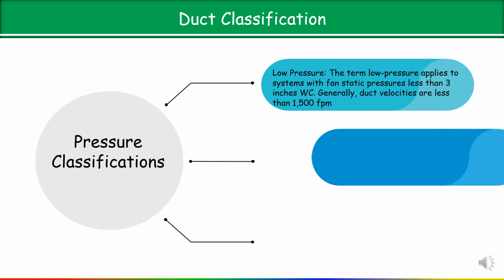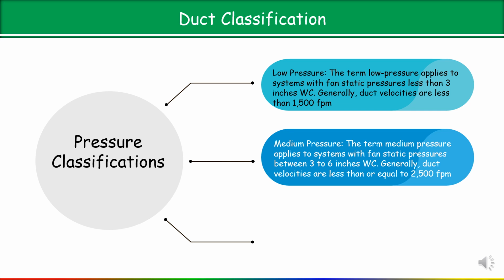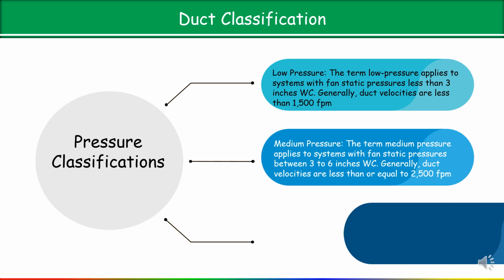Then we have medium pressure, which applies to systems with fan static pressure between 3 to 6 inch of water column. This medium pressure duct is used in large commercial and industrial buildings for more airflow capacity.